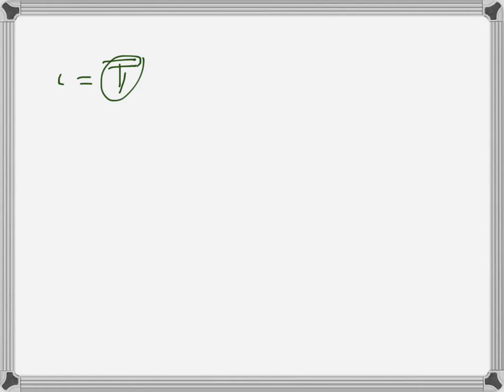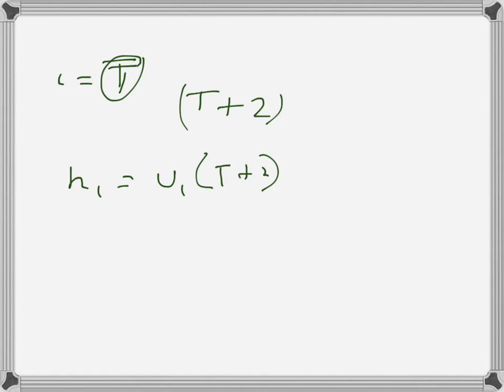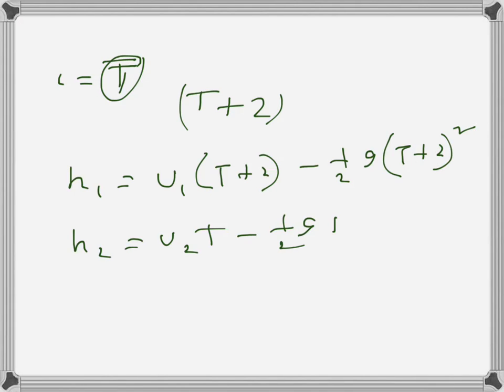So the first object travels for t plus 2 seconds, because it was thrown 2 seconds before the second object. So h1 will be u1 times (t plus 2) minus half g (t plus 2) whole square, and the second object will be u2 t minus half g t square.